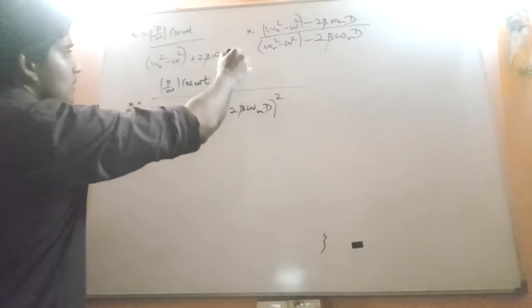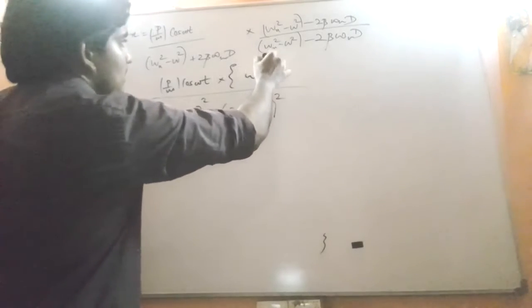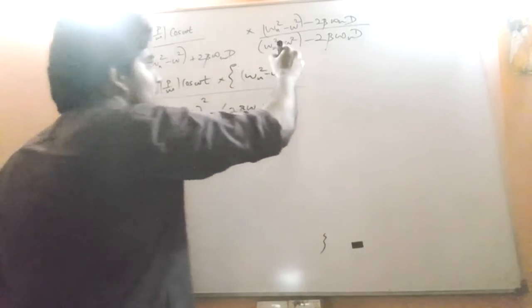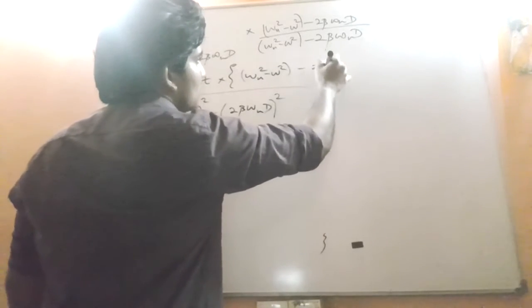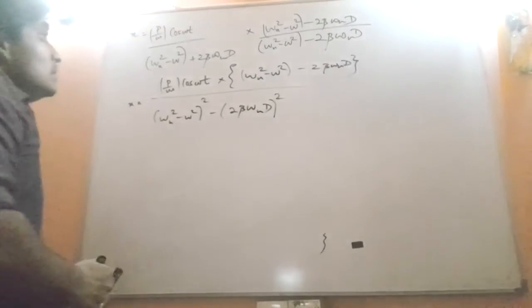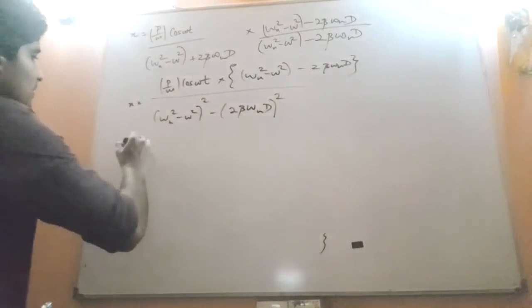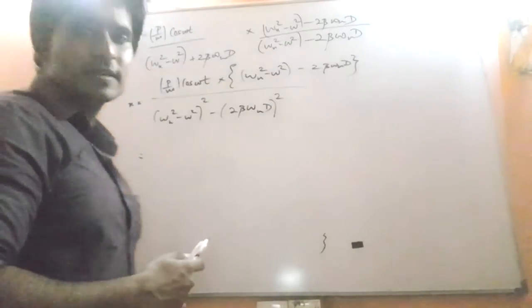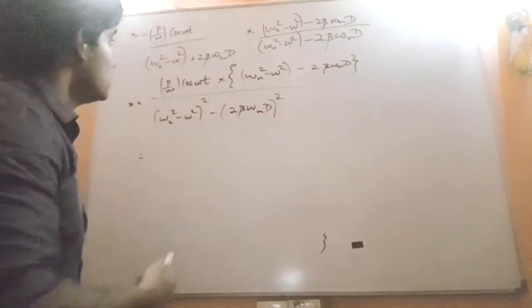multiplied by omega n squared minus omega squared minus 2 beta omega n D, right? Now again we are going to follow the technique that I have taught you when using D operators.